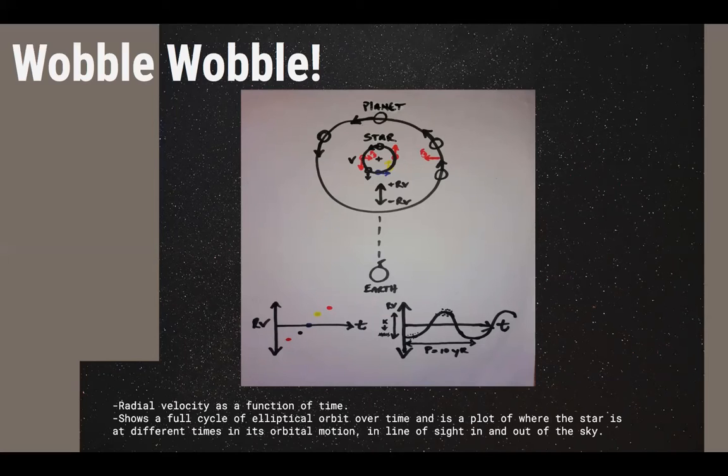Orbiting through zero velocity represents the highs and lows of the wavelength, moving from negative RV to positive RV. So at the black and yellow parts of the drawing, we only see the partial RV, and at the blue point, we see none, which is zero velocity. So overall, this is the elliptical motion in the line of sight in and out of the sky.